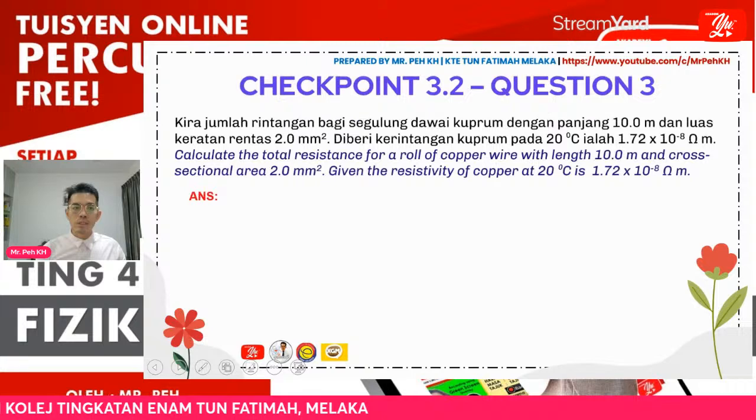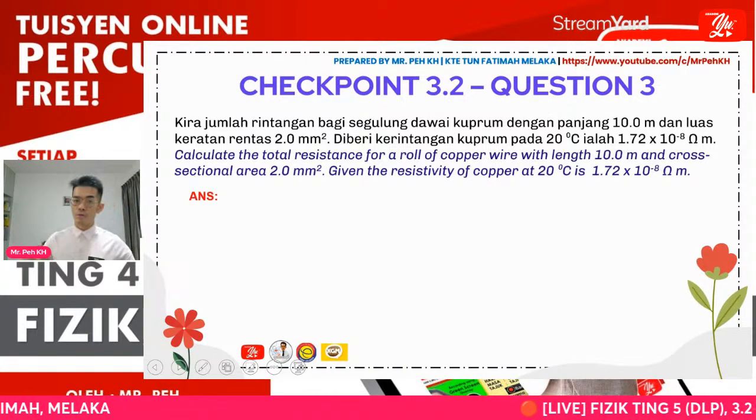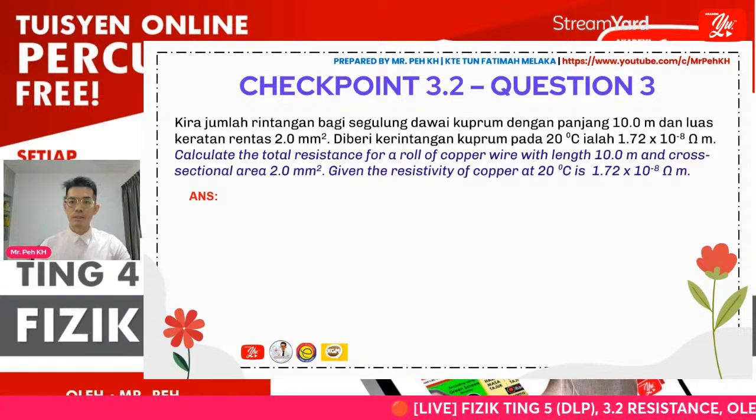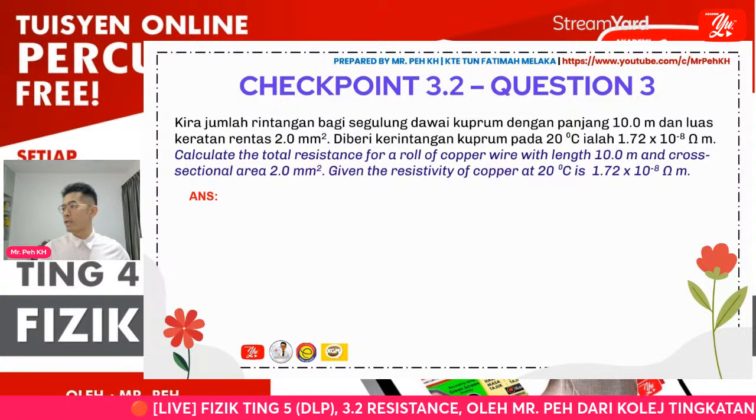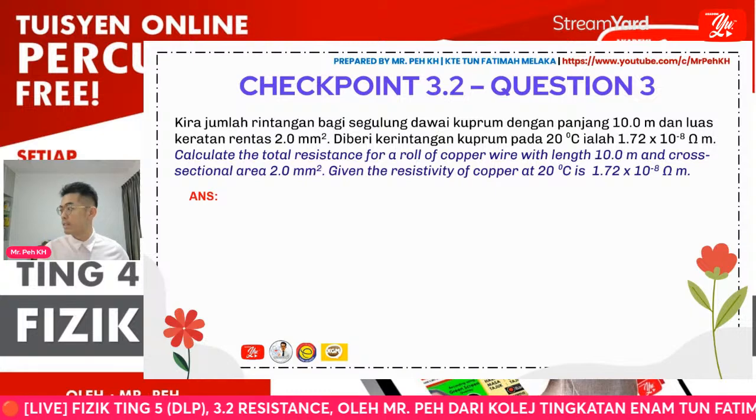The last learning standard is more on question discussion. So we go for question number 3. You may calculate your answer and show me in the chat room together with me here.